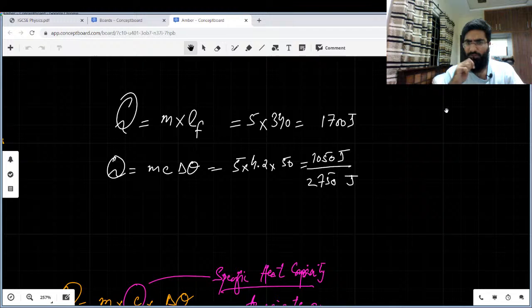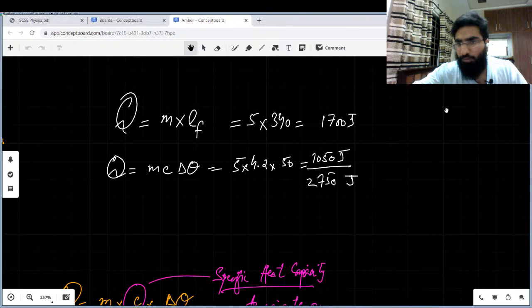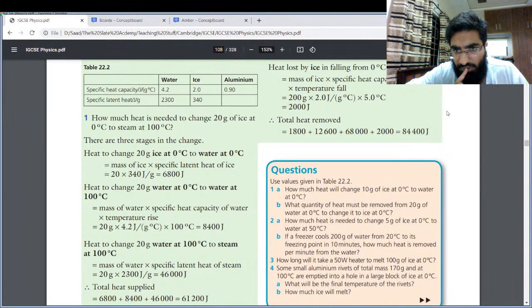What's 2.56 for B? Did you copy the solution for A? Okay. Let's see for B. A freezer cools 200 grams of water at 20 degrees centigrade to its freezing point. Freezing point is 0 degrees centigrade.